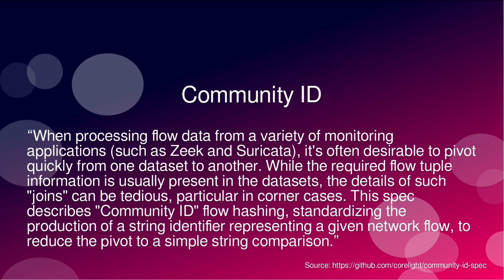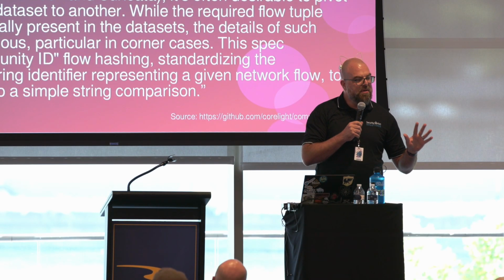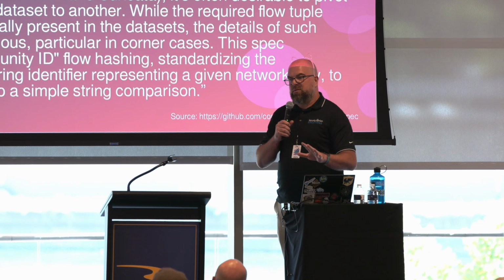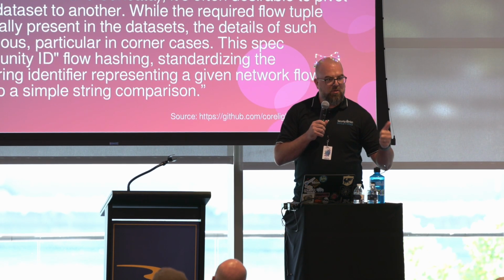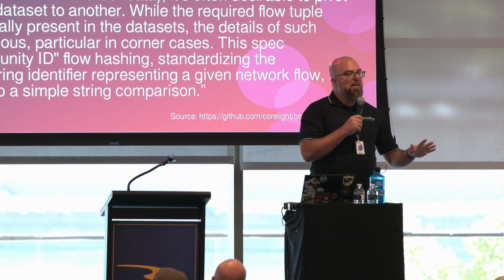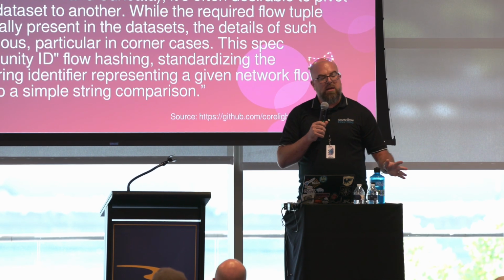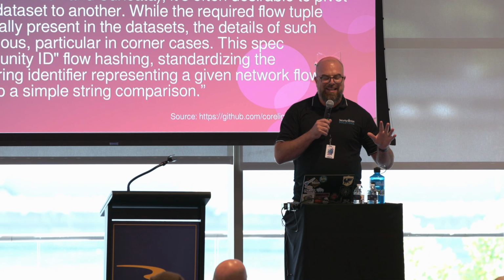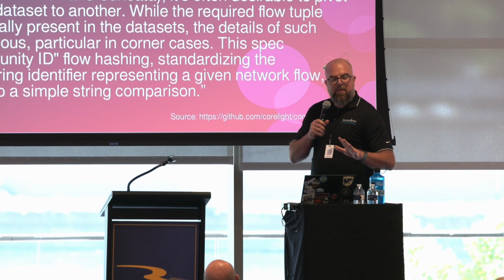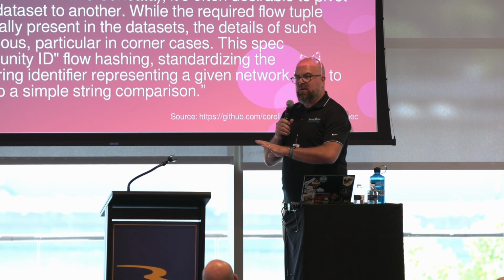Why is that important? Because any piece of network log data that we ingest can have a community ID generated for it. And if we're ingesting multiple pieces of network data from disparate sources, and they've all been normalized so that source IP and source port and destination IP and destination port mean the same thing, that means that even if there's no other relationship between those monitoring platforms or those products or that data, we're going to be able to pivot between those data sets very easily and correlate them together, right?